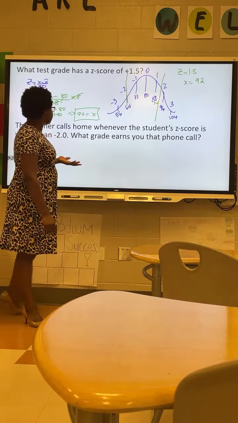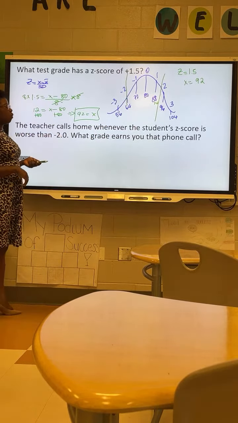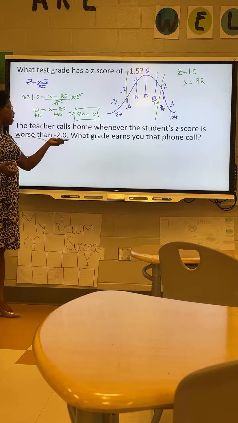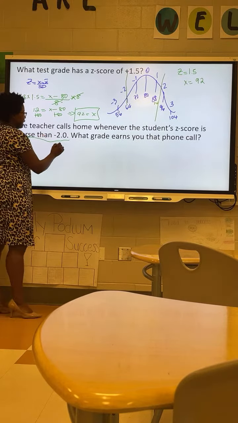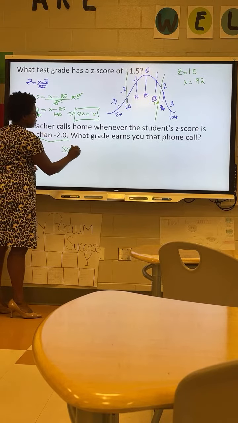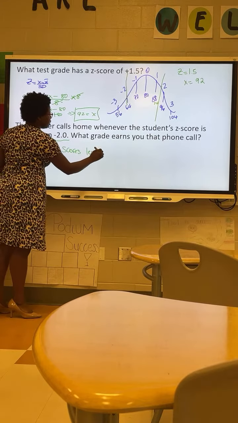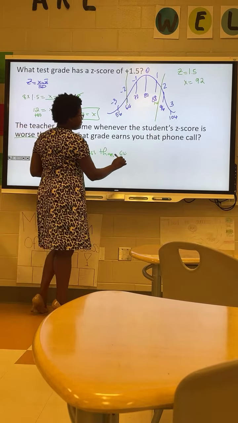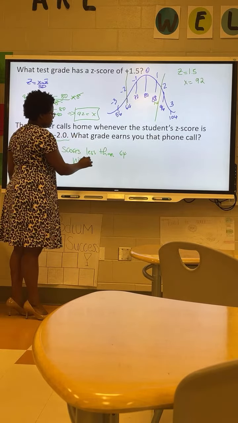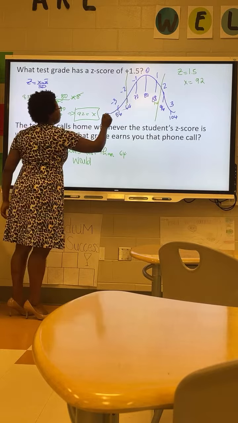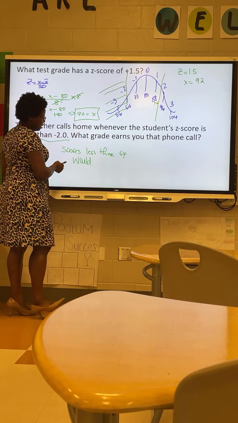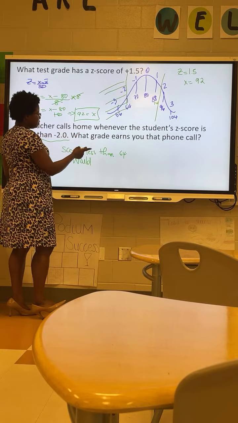The statement is asking what grade warrants a call home if your z-score is less than this. So you basically say scores less than 64 would warrant a call home, because all of this region will be less than negative 2 standard deviations, or a negative 2 z-score.